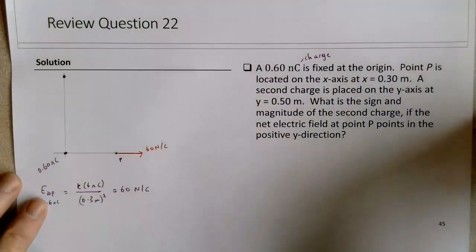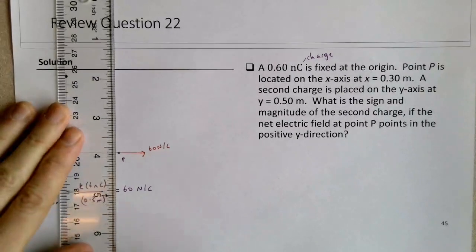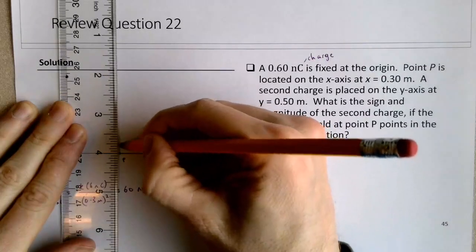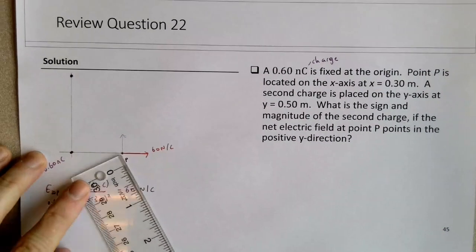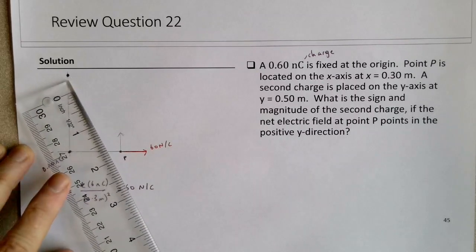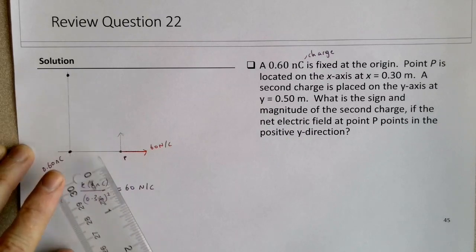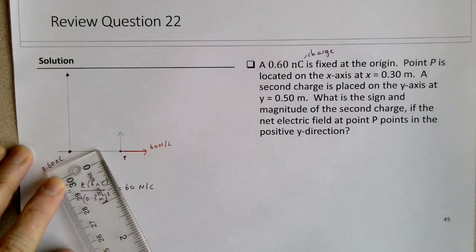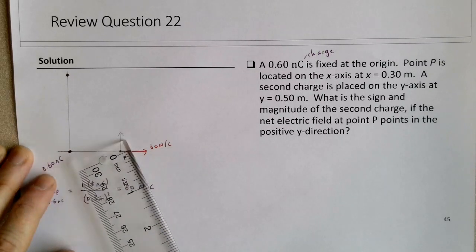But we know that the net field points in the positive y direction at point P. So how could that be possible? So we have some sort of net field. To get the net electric field at point P to point upward, this particular charge up here, the second charge, has to have a component that points in the negative x direction of exactly the same magnitude as the 60 to cancel it out, and then it has to have some y component remaining.